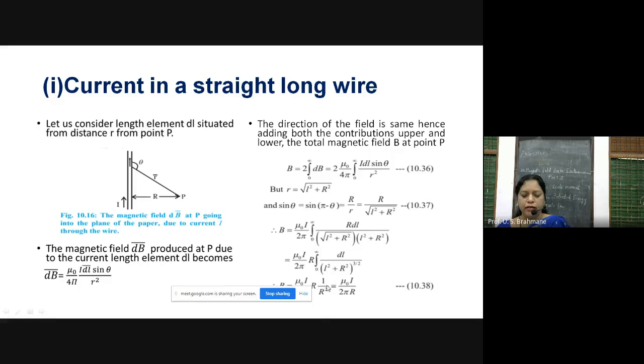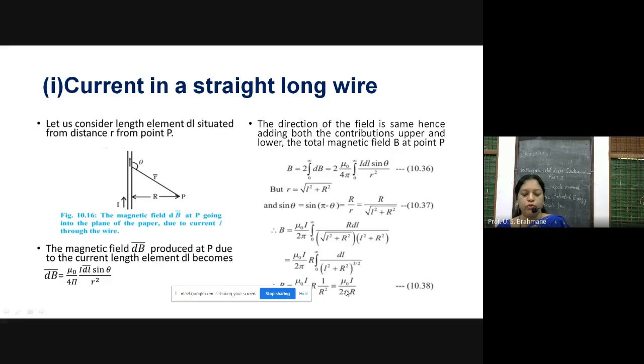Now once we integrate this, we see that if L is infinite, a long wire, any term divided by infinity is equal to 0. So that equation becomes mu 0 I upon 2 pi r. This is a very important equation for the application, for the current in a straight long wire.